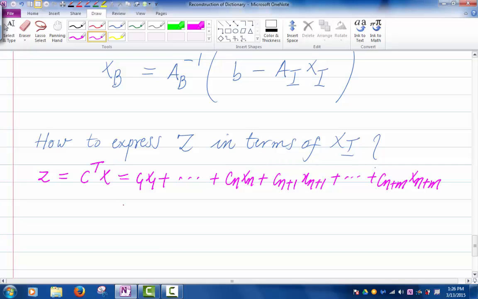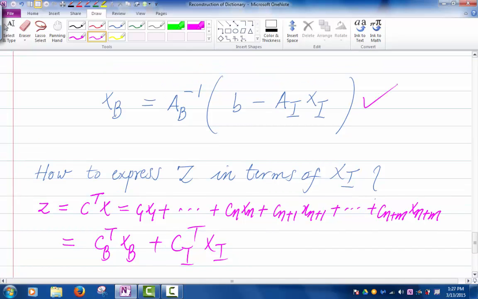In other words, I can rewrite this as CB transpose times XB plus CI transpose times XI, can't I? So I'm going to separate the basic variables and separate the non-basic variables. And I can write it in this way. And once I have this, then I can replace XB by the value that I got for XB. And remember, the value for XB is in terms of the XI's.